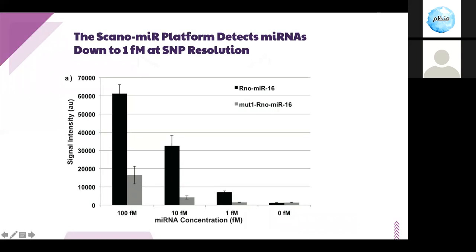So this is the beauty of AI here, that we can make nanotechnology to see defective genes, even if they have one single nucleotide polymorphism, while wild type is not touched.